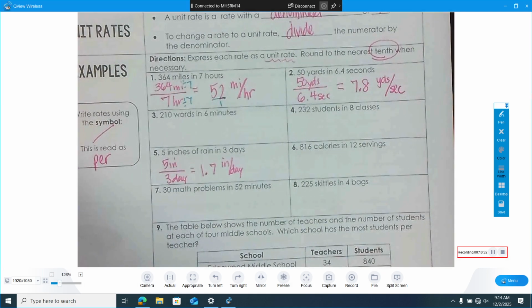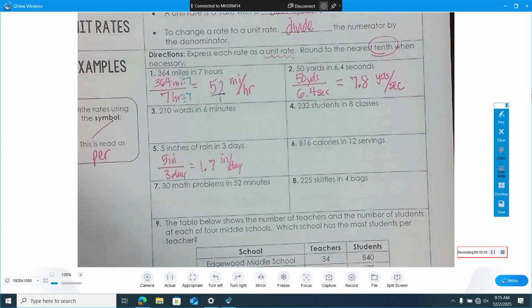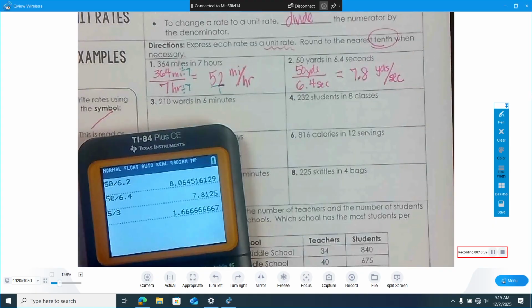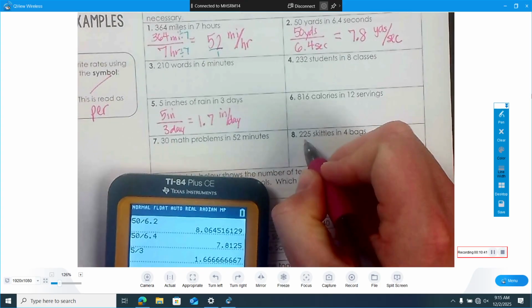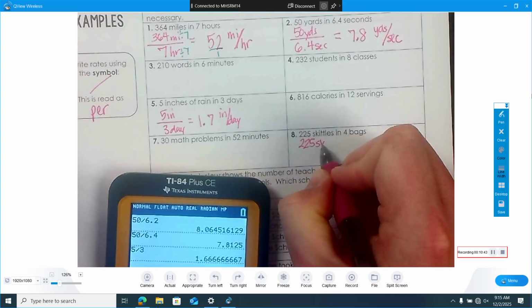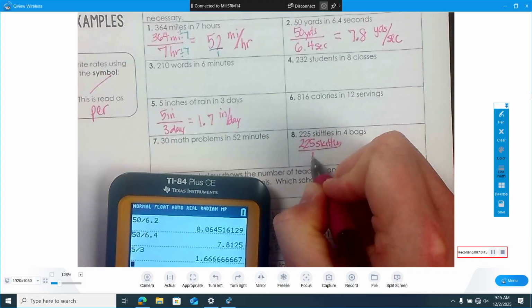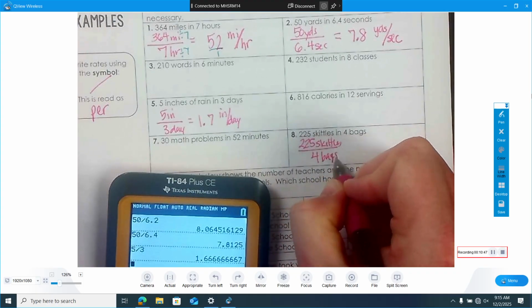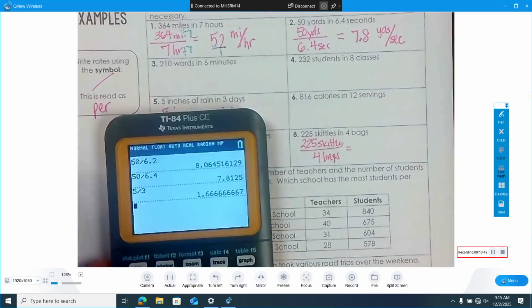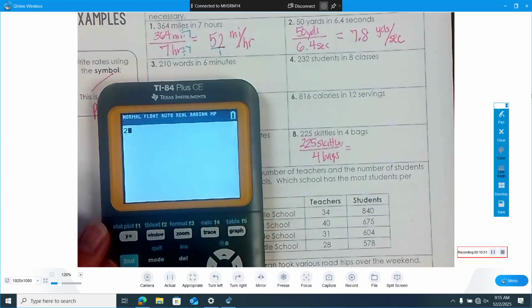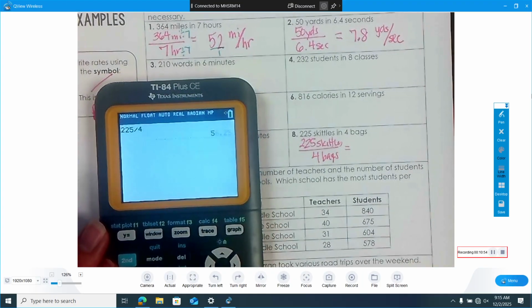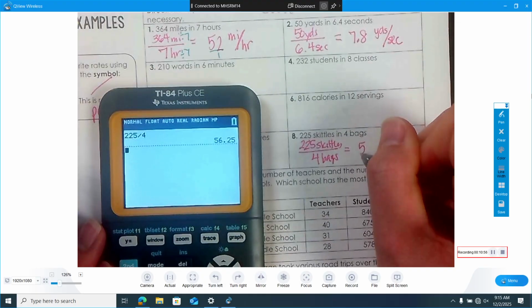And then, Bentley, was it number 8 you did? That last one you were asking about? Yeah, okay. So then, number 8, we have 225 Skittles in 4 bags. We want to know how many Skittles are in one bag. So 225 divided by 4. Again, we know it's 56.